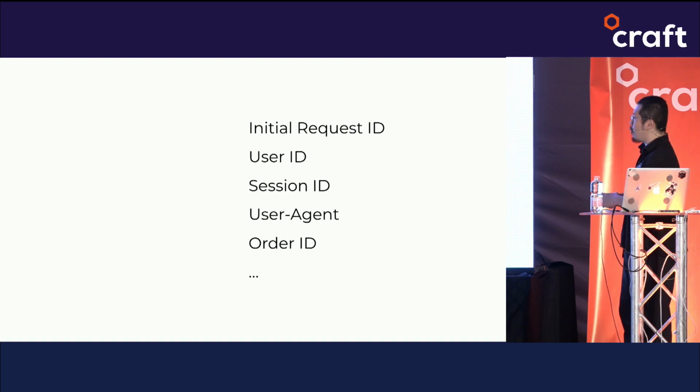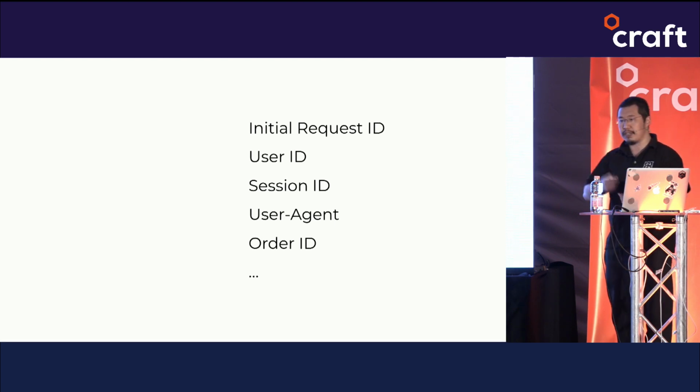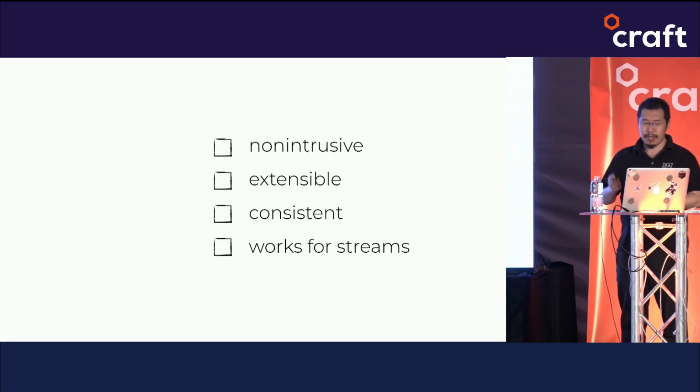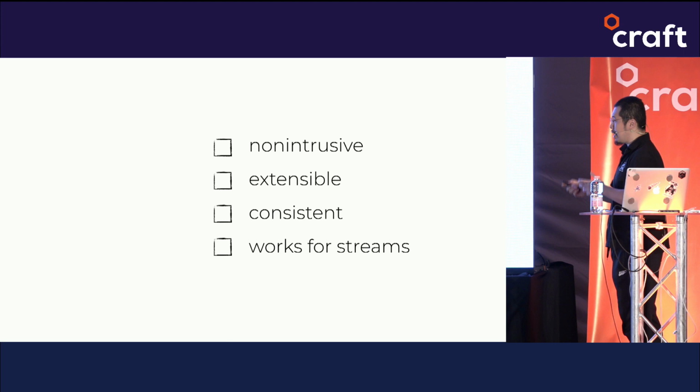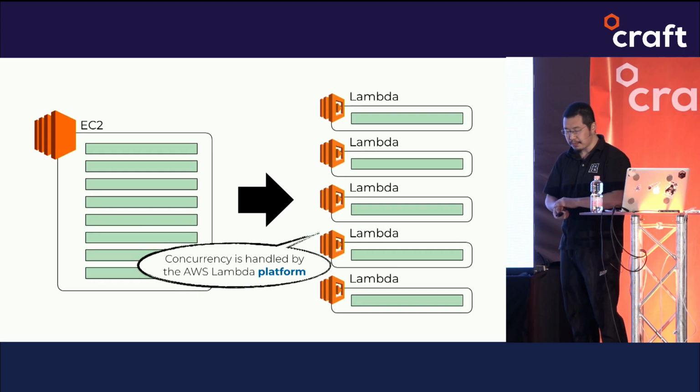So you should be able to record your custom IDs, such as user IDs, order IDs, session IDs, and so on. I need a mechanism that's not intrusive to the development process, but still allows developers to extend it and introduce their own correlation IDs, and it should work consistently across different event sources as well.